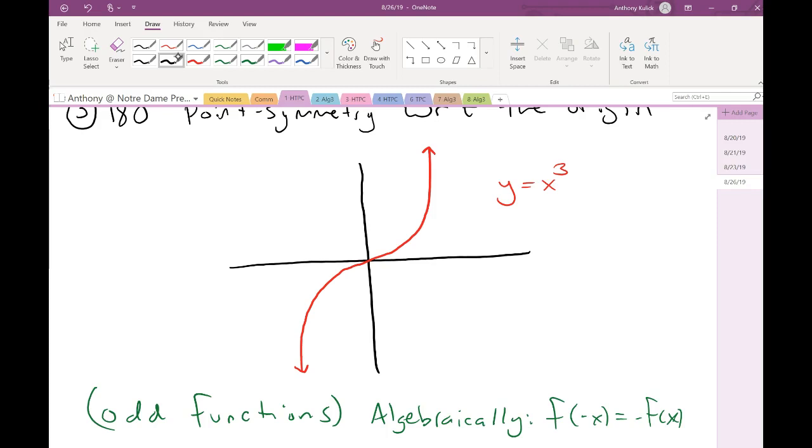Worth noting, are these three categories, symmetric about the x-axis, symmetric about the y-axis, and symmetric about the origin, inclusive for all functions? If I take all the functions that have those three symmetries, am I talking about all the functions possible?